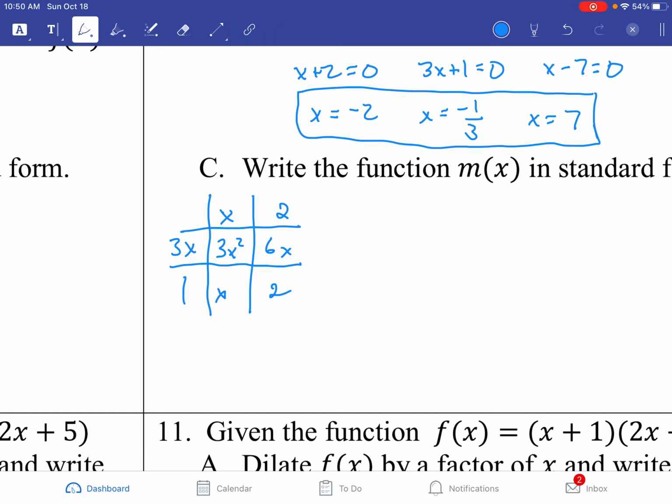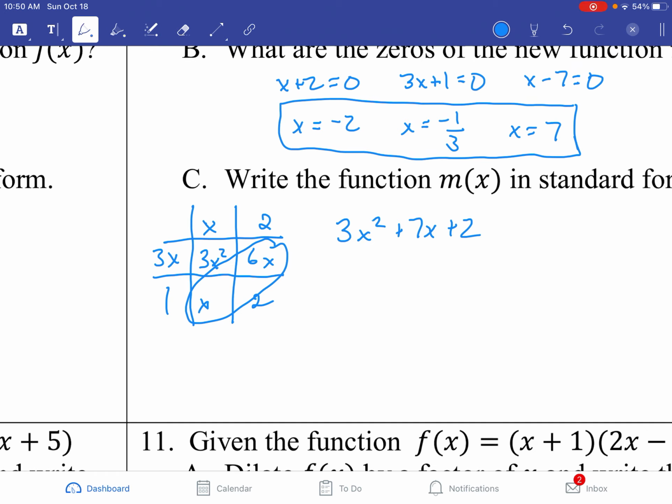And 1 times 2 is 2. So this helps organize. All the stuff that you multiplied together, you can combine like terms. So we have 3x squared. The 6x and the x can be combined to give you 7x, and then plus 2 on the end. So what we've done is we've multiplied 2 things. You could get the same answer if you'd done the rainbow method. If that works better for you, that's fine.